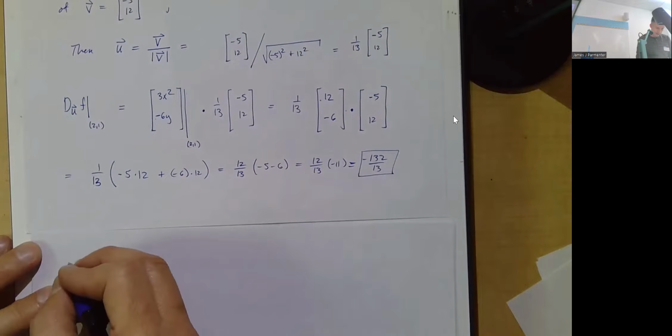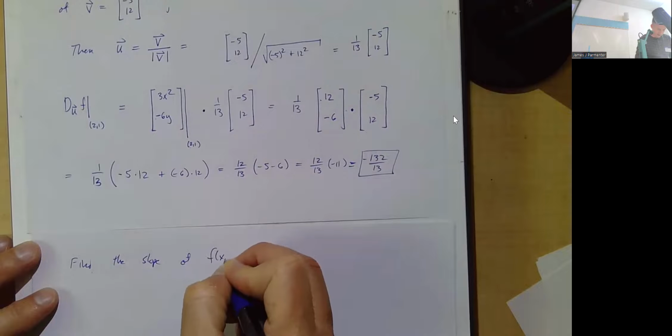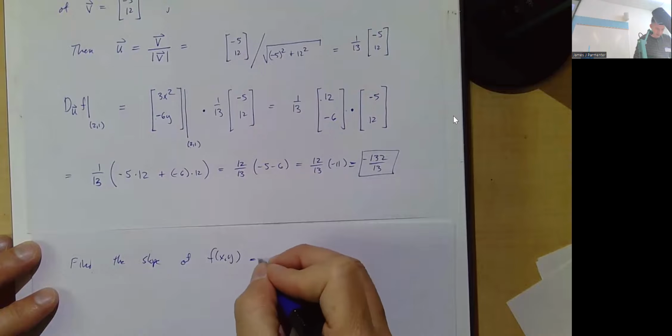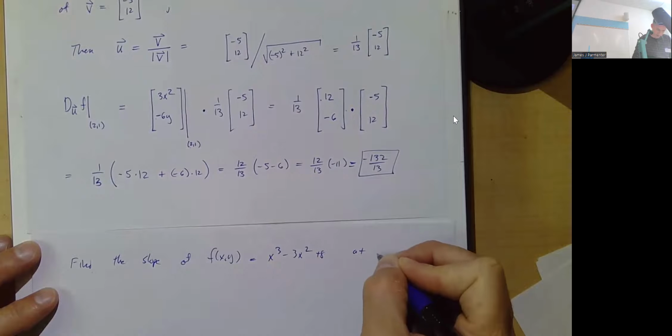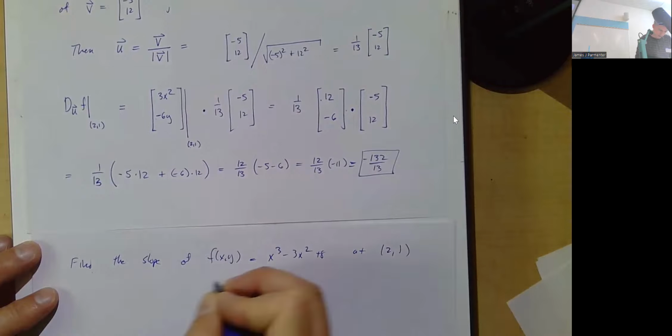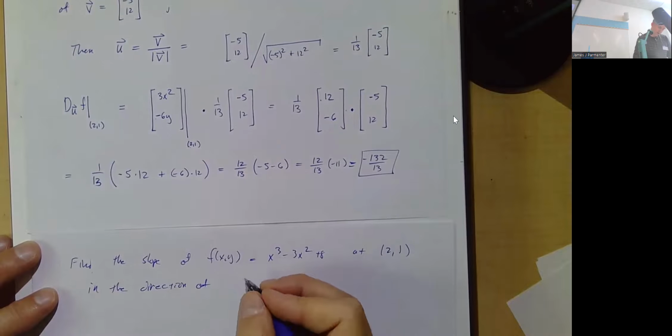So let's say I said, same deal, find the slope of f of x, y equals x cubed minus 3y squared plus 8 at the point 2, 1 in the direction of, let's say, 6, 8.